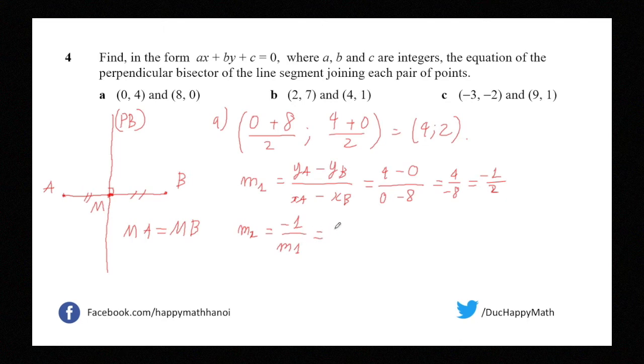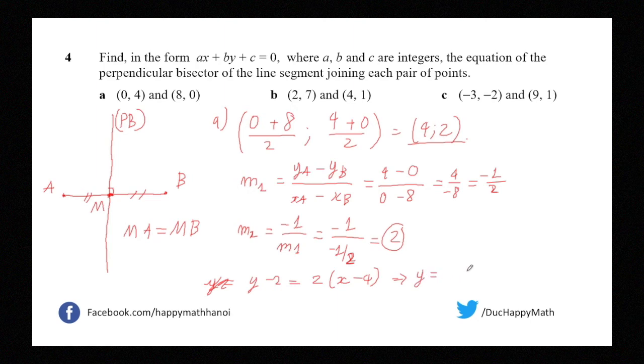Minus 1 divided by 1 over 2 is equal to minus 2. So you got the gradient here is 2, and the point here is (4, 2). So the equation of the perpendicular bisector is y minus 2 equal to 2(x minus 4).